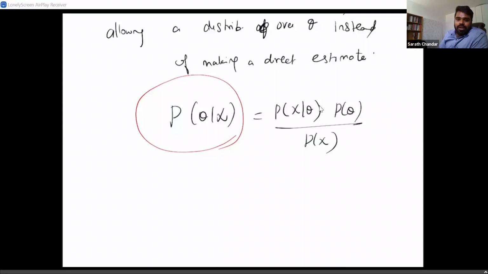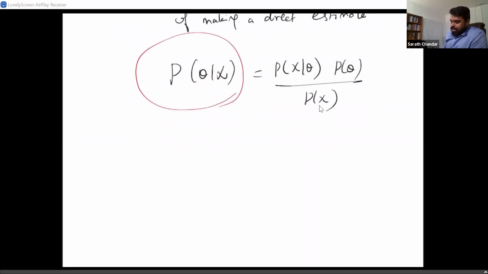Okay. However, this is a much harder thing to do when compared to the other two approaches, simply because it requires computation of this P of x, the normalization term, which is nothing but the integral over all possible theta of P of x given theta, P of theta, d theta, right?